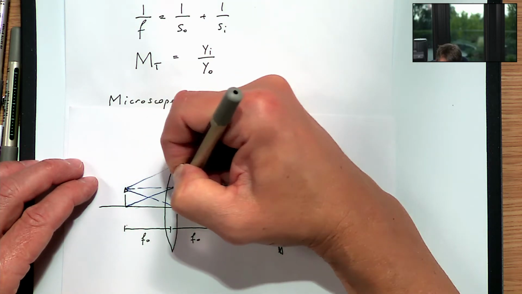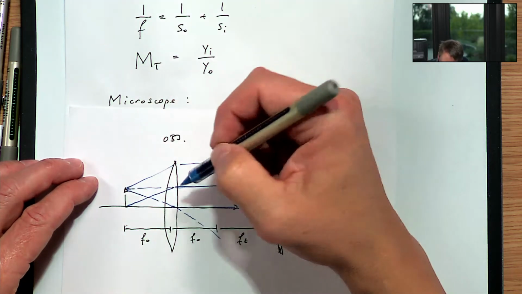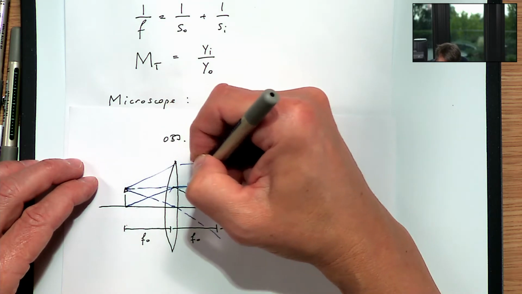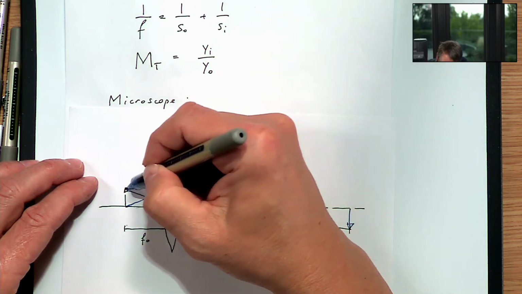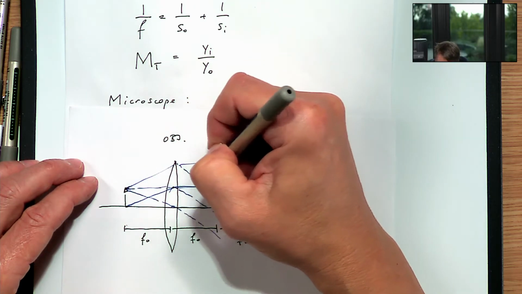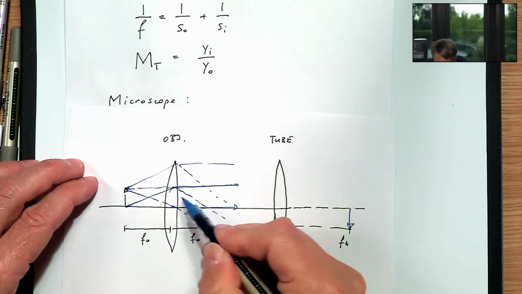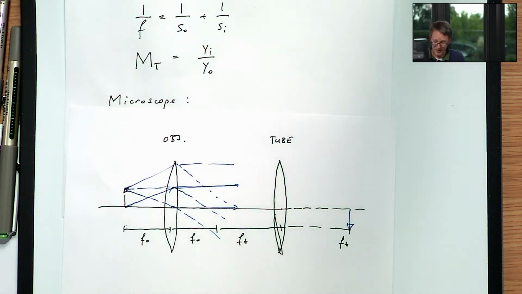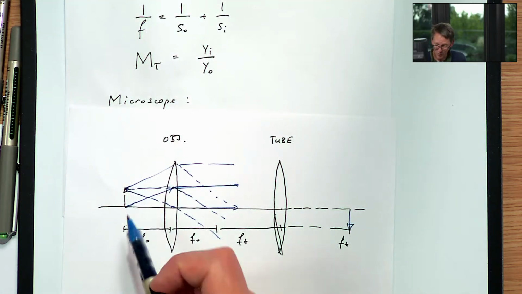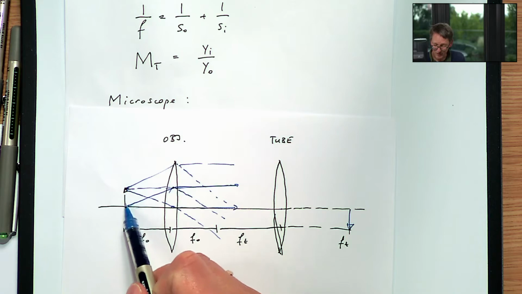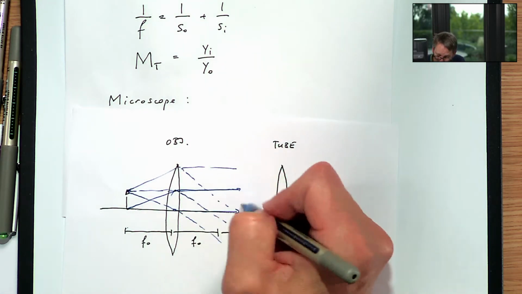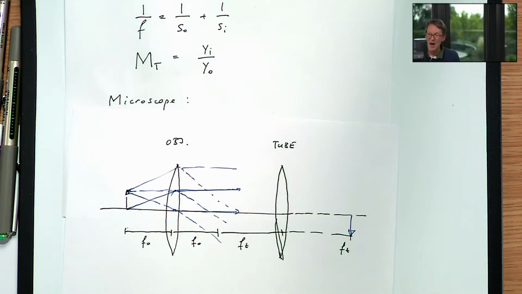So in fact, light from that point will go down at that angle. It will still be parallel. You work that out using the lens formula and the simple tools that I gave you up here. But essentially, all the light here is parallel.